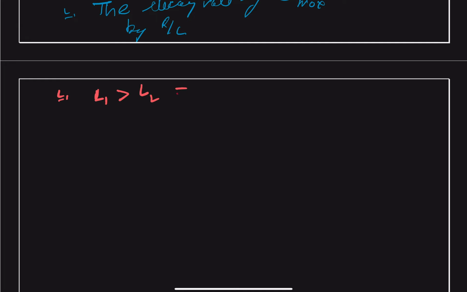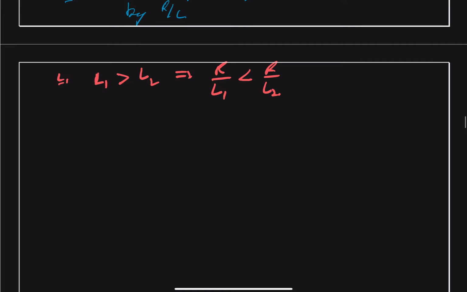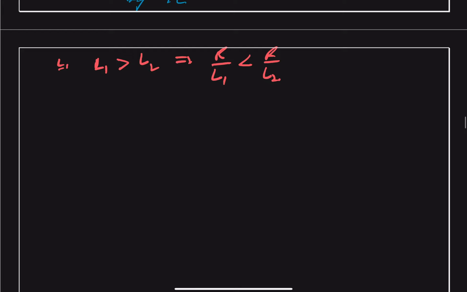So from here R upon L1 is less than R upon L2. So it means the damping is slower for larger L. We can say damping is slower for larger value of L.